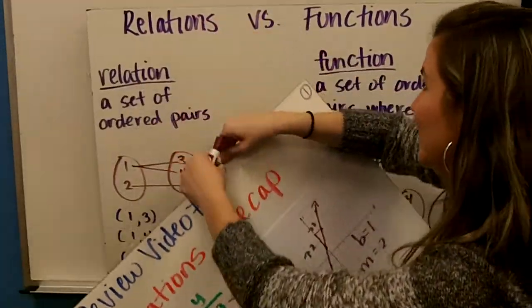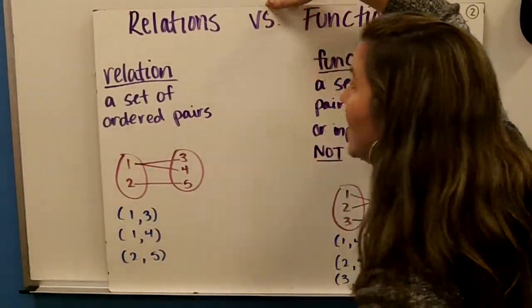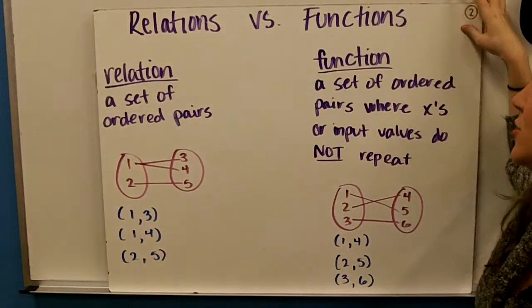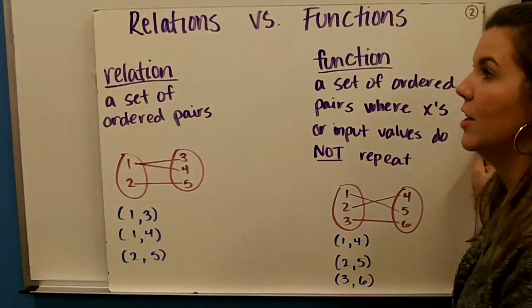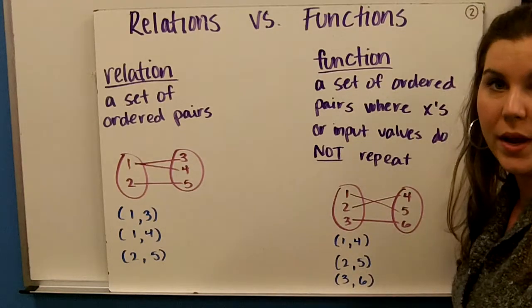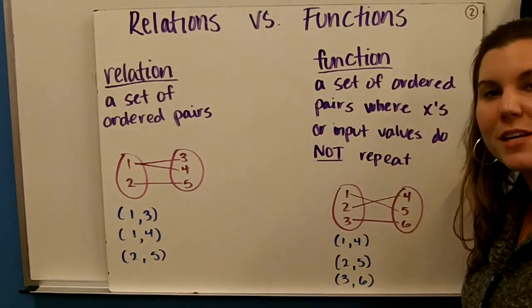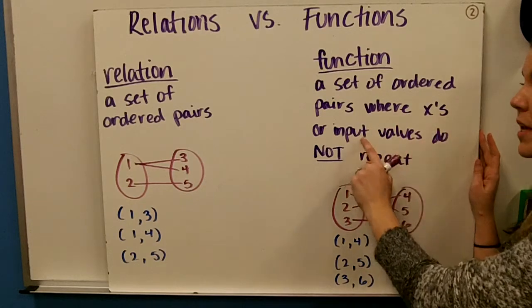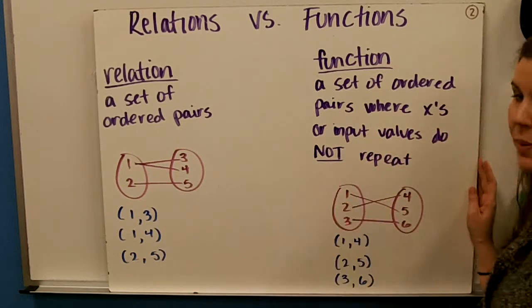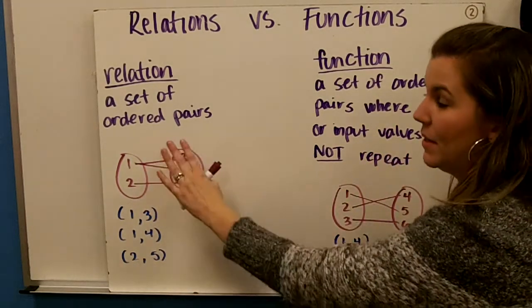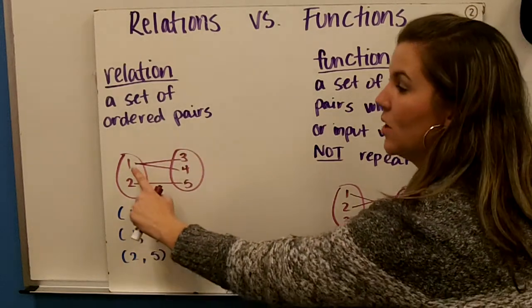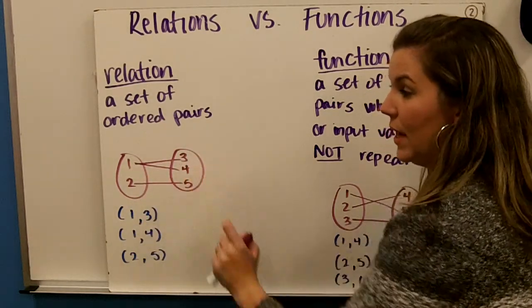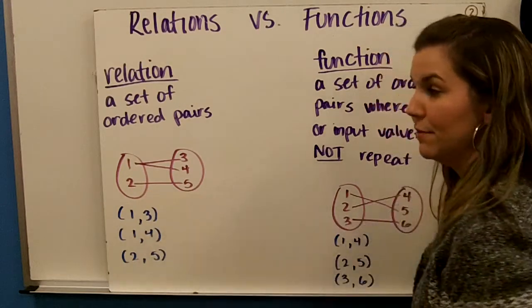That almost fell. Okay. Relations versus functions. So these are a couple definitions you need to know. A relation is a set of ordered pairs. A function is a special kind of relation where the x's, or the input values, do not repeat. Here's a mapping diagram. This says 1 maps to 3 and 4, and 2 maps to 5.